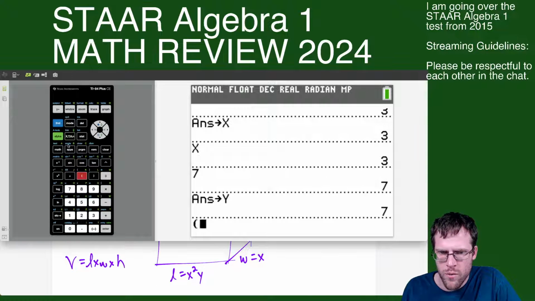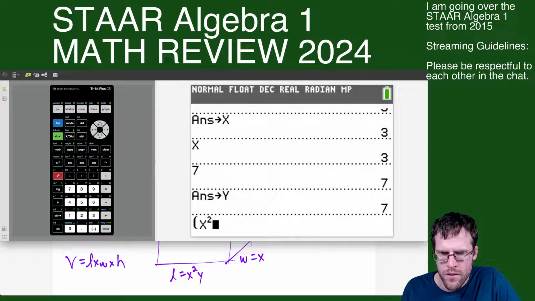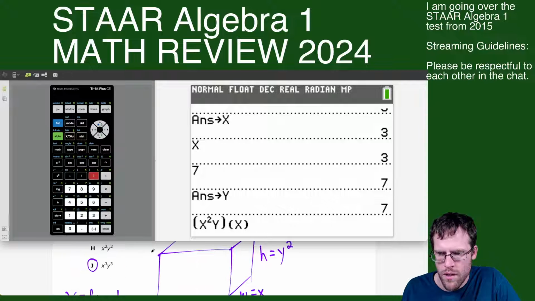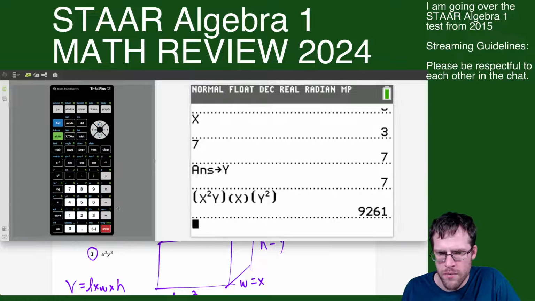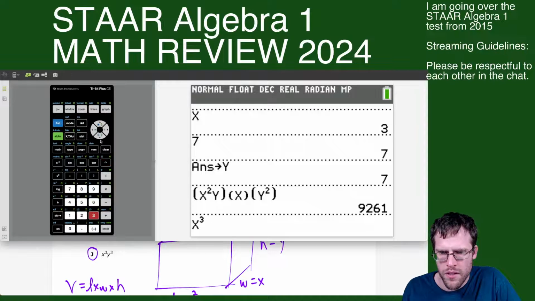I'm going to do x squared times y times x and then times y squared. So I could just pick random values here since it's multiple choice. And then I have to go searching through all the answers here. So I get this big number. But then I do x to the third, so x up arrow 3.